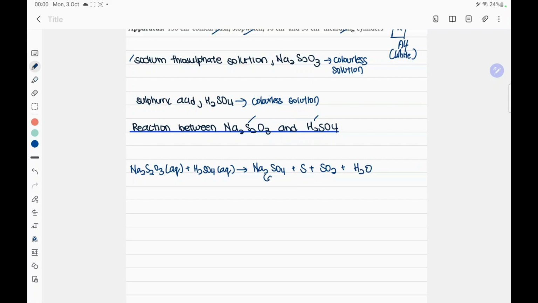Oh, sorry, I left out the aqueous. This is the solid form, this is the gas form, and this is the liquid form. So this is pretty much the chemical reaction.